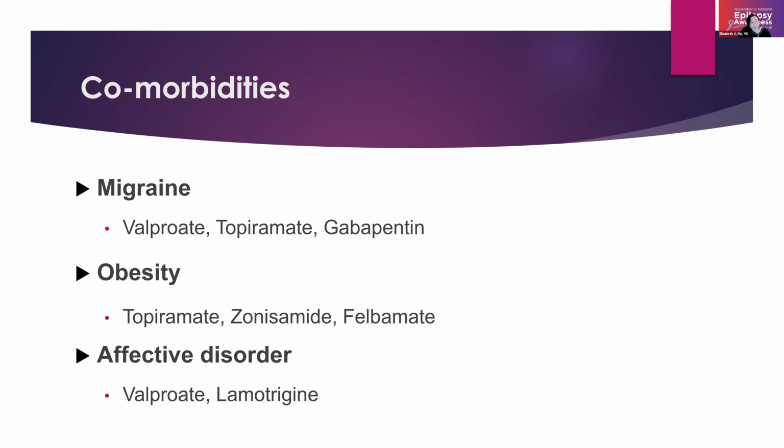So if a patient has migraines and seizures, this will be a consideration because they're also anti-seizure medications. So if the patient's struggling with obesity, you may want to consider topiramate, zonisamide, and felbamate because they are both anti-seizure medications and medications to treat obesity. And for some of the affective disorders, valproic acid and lamotrigine are good choices, and in addition they're also good anti-seizure medications.